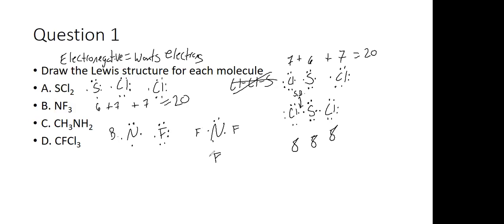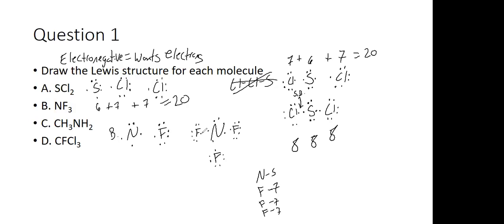So I just redraw my molecule with the number of electrons each individual atom has. And let's count up the number of electrons I have. Nitrogen currently has 5. Each fluorine has 7. So that's not good. Nothing has a full octet.